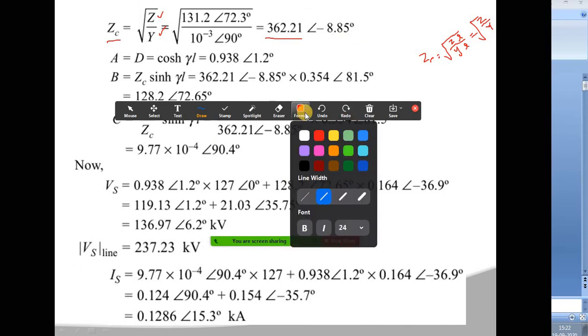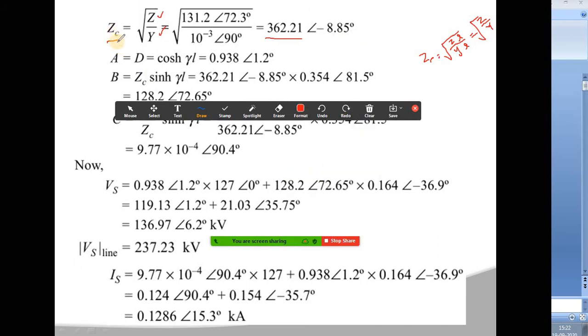Now after calculating the value of ZC, what are A and D?